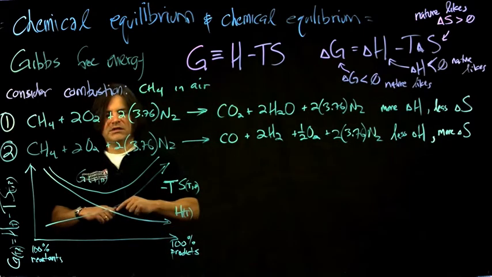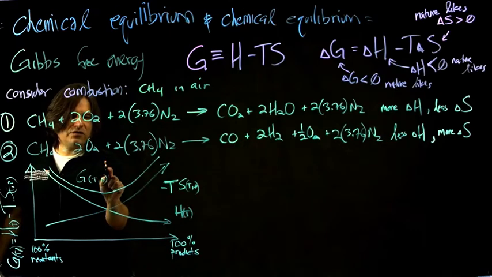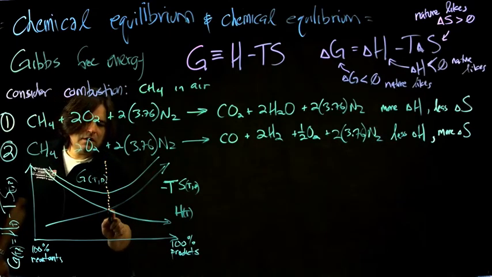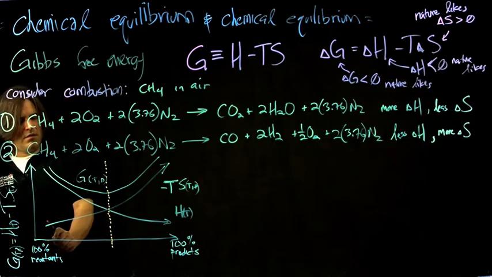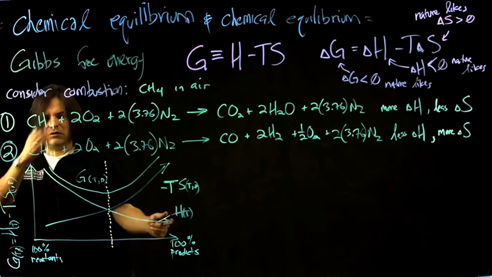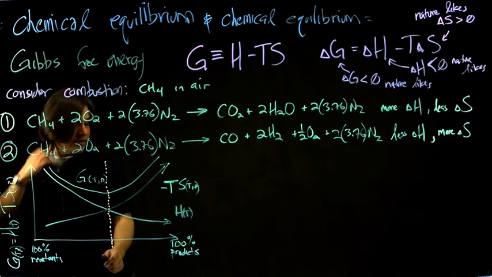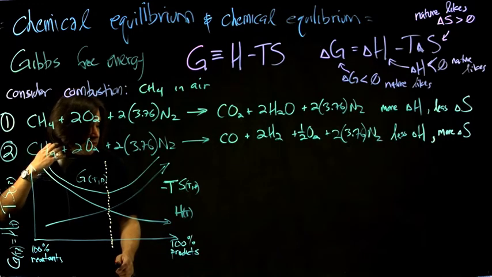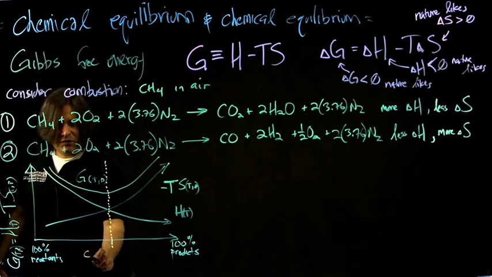So what actually is going to happen, if you consider the equilibrium, is that there's going to be a mixture at the end that still has some reactants and hasn't gone fully to products, just because that's how the energy levels balance out between enthalpy and entropy. So this is a minimum. So this is one way to define chemical equilibrium.